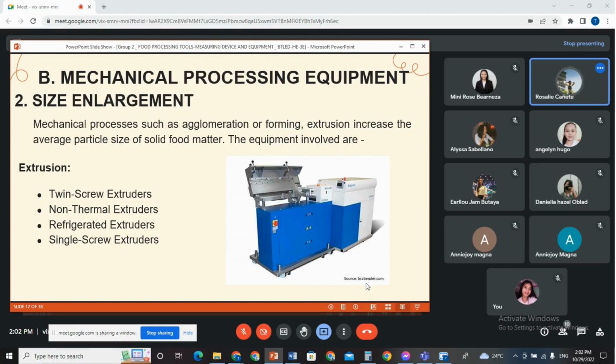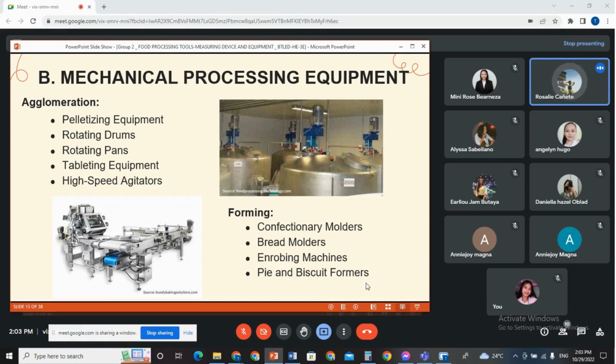The equipment involved are twin screw extruders, non-thermal extruders, refrigerated extruders, and single screw extruders. Agglomeration uses pelletizing equipment, rotating drums, rotating pans, tableting equipment, and high-speed agitators. Forming uses confectionery molders, bread molders, enrobing machines, and pie and biscuit formers.